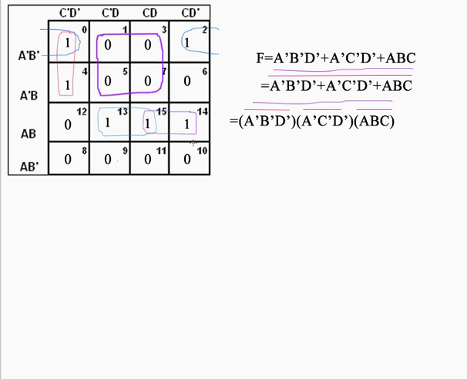No other contains it. And it is an essential prime implicant because of this zero over here in spot number 10. So I'm going to have to take all of this term right here. All right? All of this term.